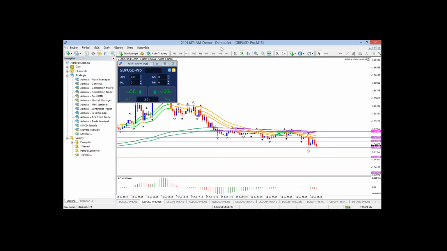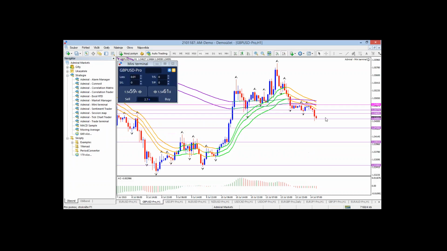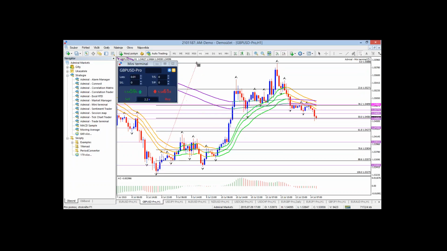So at this point, let me zoom up to the hourly. 4 and 5 are in focus. We have to keep in mind that 4 means the fourth line here is equal to the 61.8. The fifth is a bit shy of the 78.6. And with fibs, we don't know.